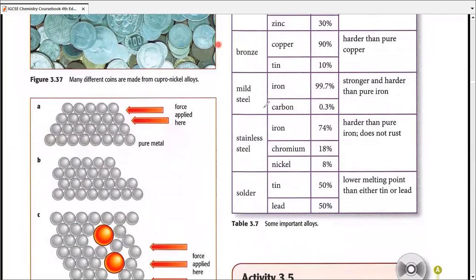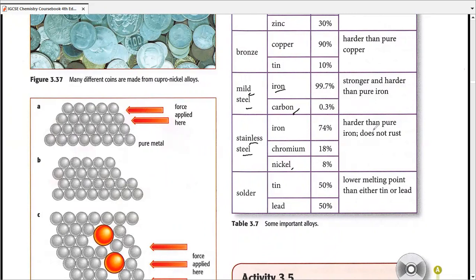Next up is mild steel. We're going to study it in much more detail in chapter 9, but for now, iron is usually mixed with carbon. A little bit of carbon can give strength and hardness to pure iron. Stainless steel, the steel that usually does not get any stains, hence the name, actually contains nickel and chromium.